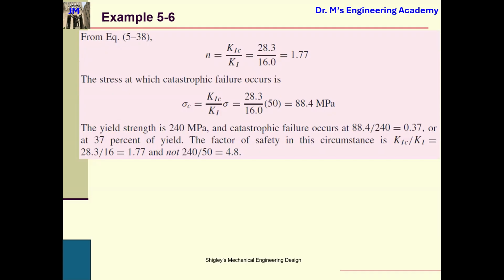So this will be your sigma maximum. You can see sigma maximum equals K_IC divided by beta, and then if you want to use 1.77, the square root of pi a. So this is the maximum sigma you can have.